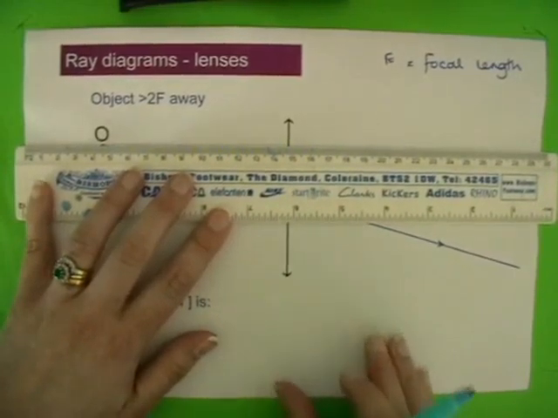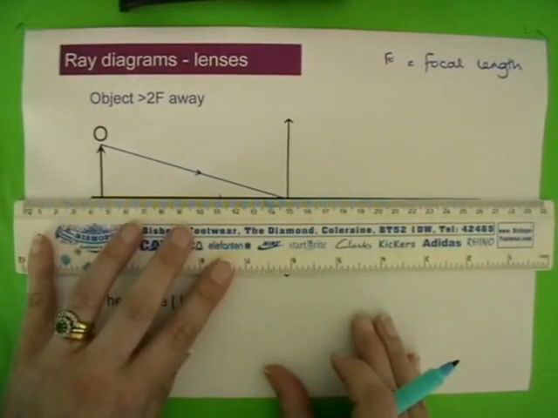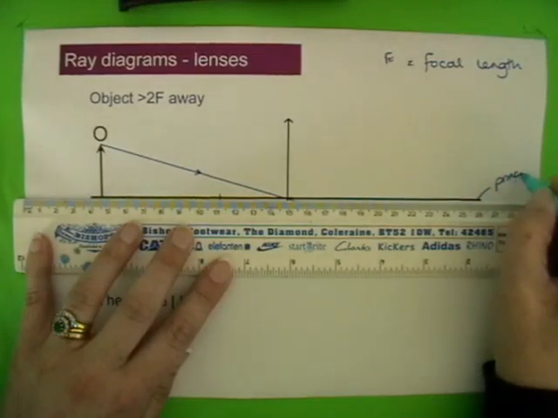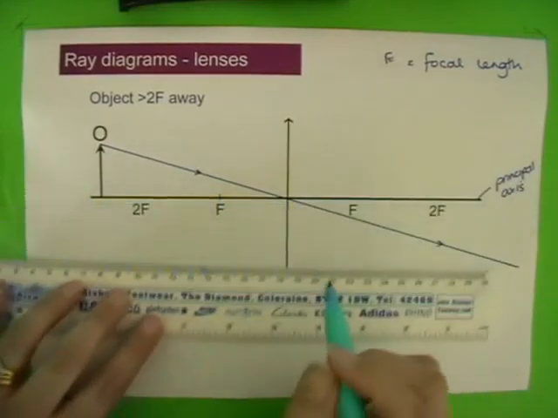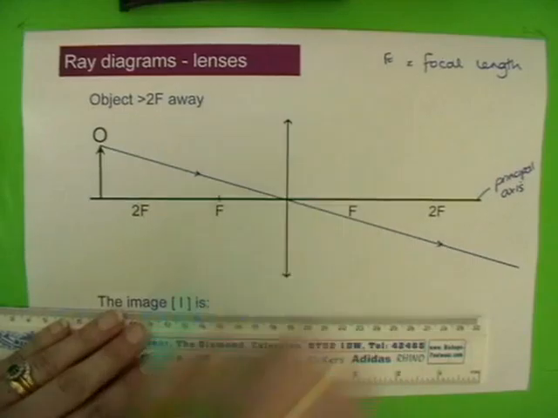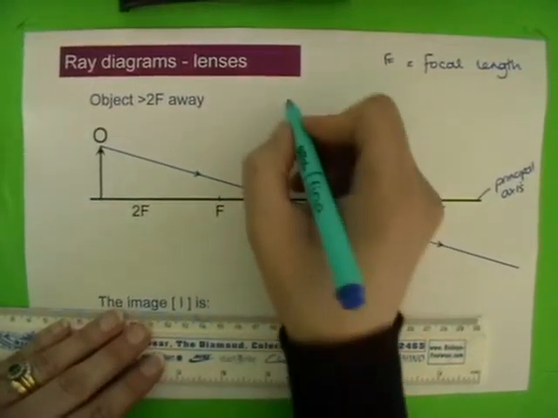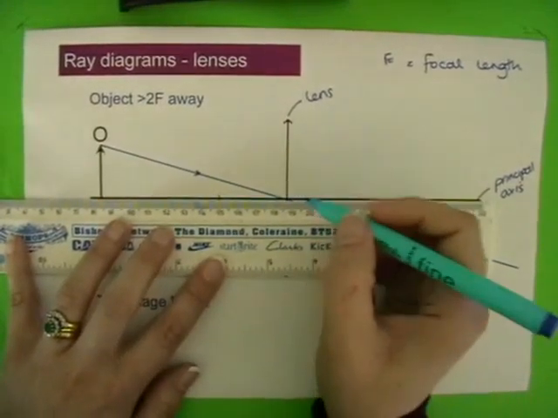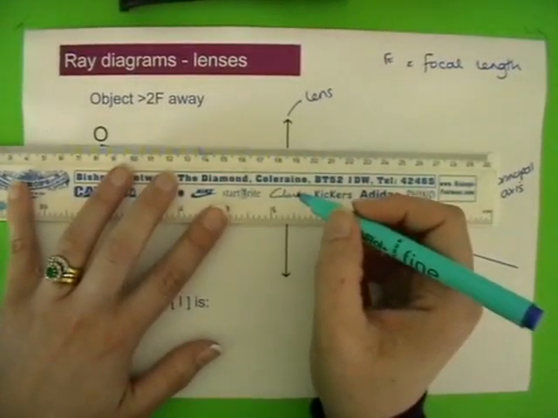The second ray we draw is parallel to the principal axis. This line in the centre is the principal axis. And I should have told you that we show the lens itself with a double-headed arrow that's perpendicular to the principal axis. So this is the lens. Now we draw a ray parallel to the principal axis.